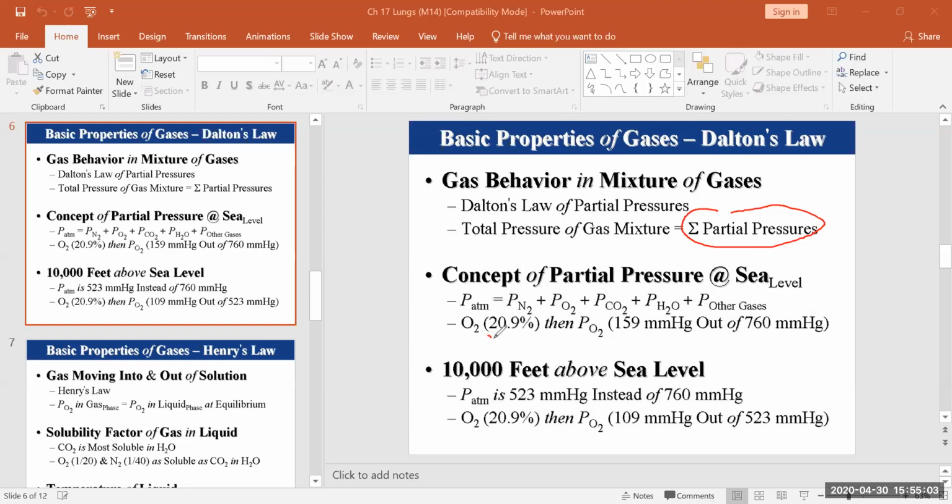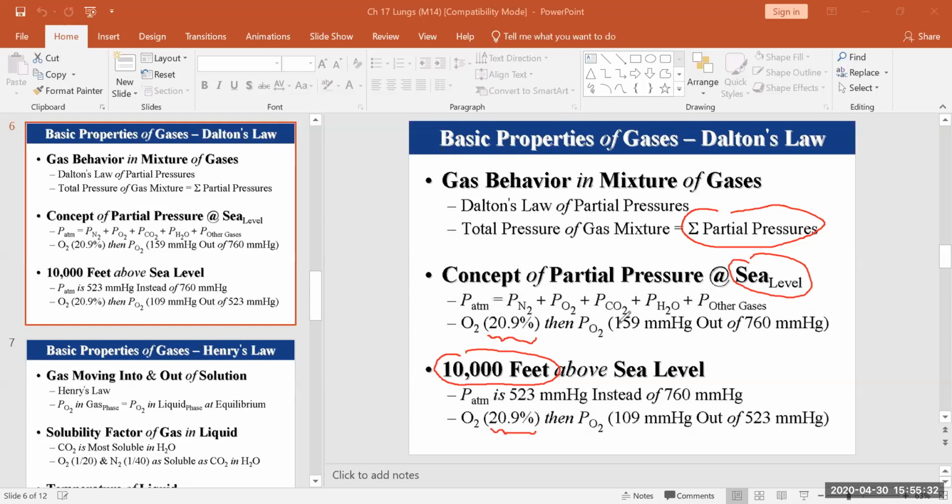The 20.9% is constant, whether you are at sea level or at high mountain, like 10,000 feet above sea level. It doesn't matter where you are in terms of elevation, that percentage will not change according to Dalton's law, right?